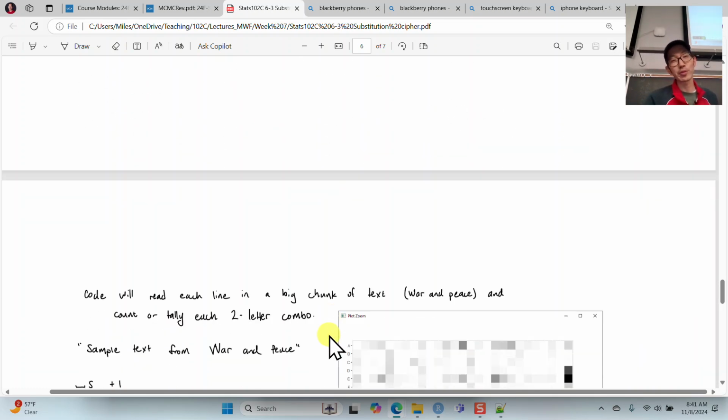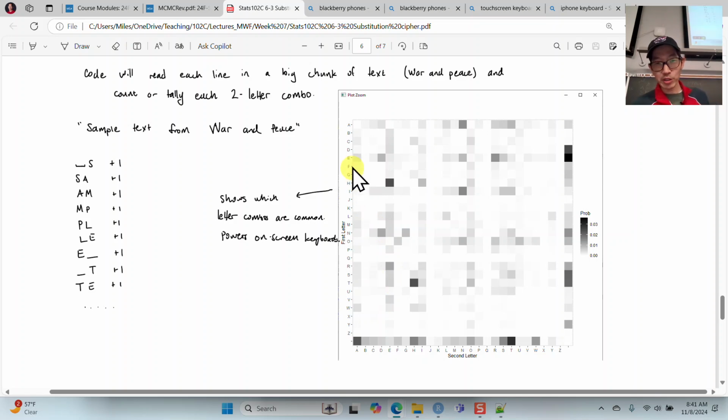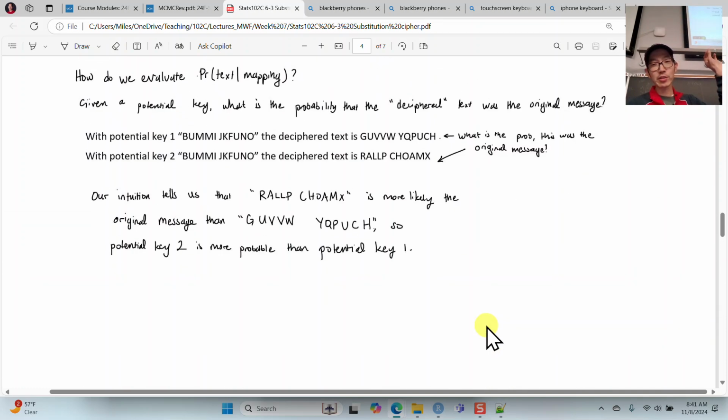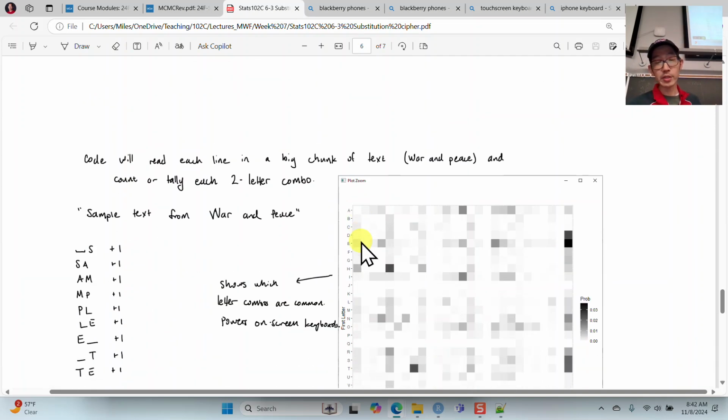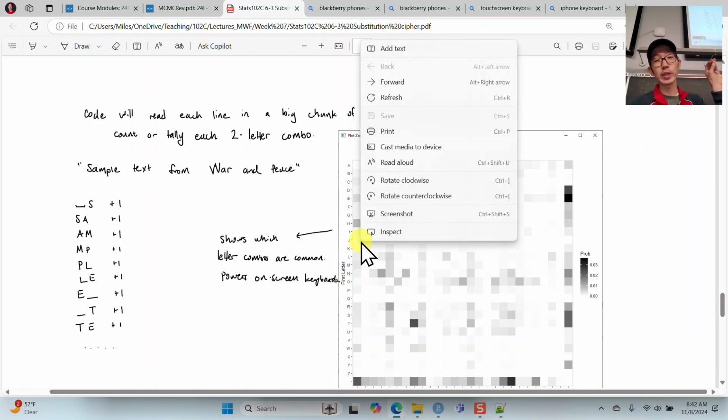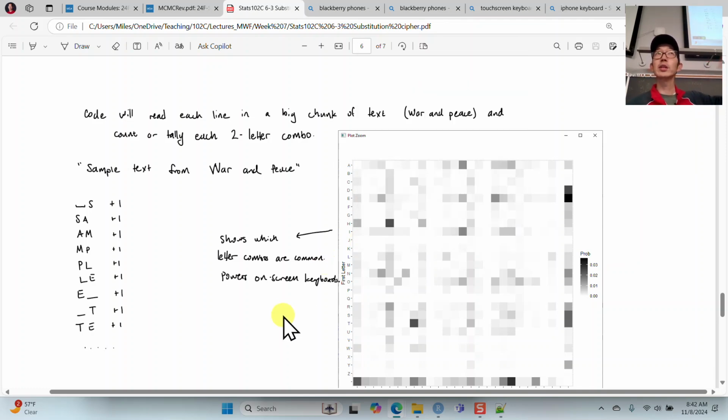We can go through our transition matrix and say, C followed by H is kind of common. Y followed by Q never happens. And so we can go through our translated or deciphered text and say, which of these things are more likely?